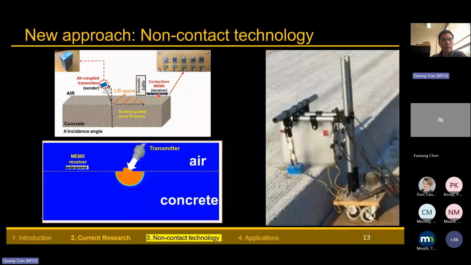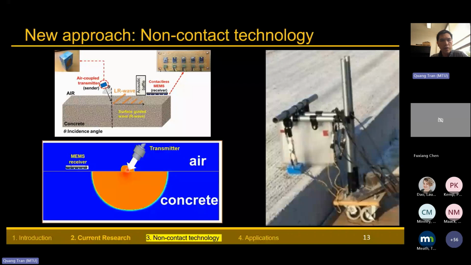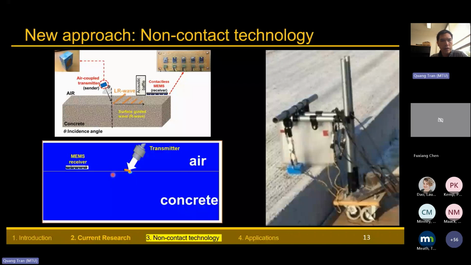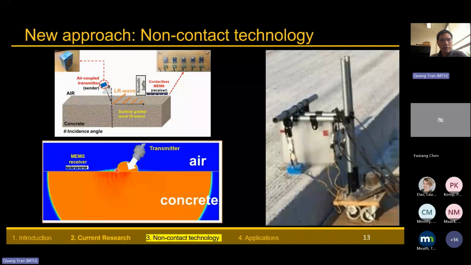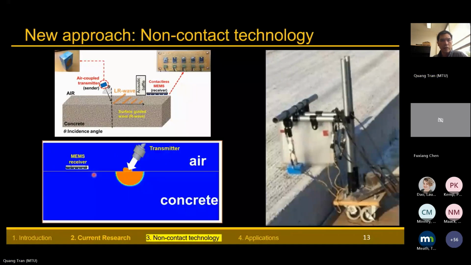So you can see in this simulation at the bottom here, this is generating the wave, and the wave traveling along the surface is called the surface wave or the Rayleigh wave. And then after it travels, you can see the gray energies here are the leaky surface wave that leaks from the surface.